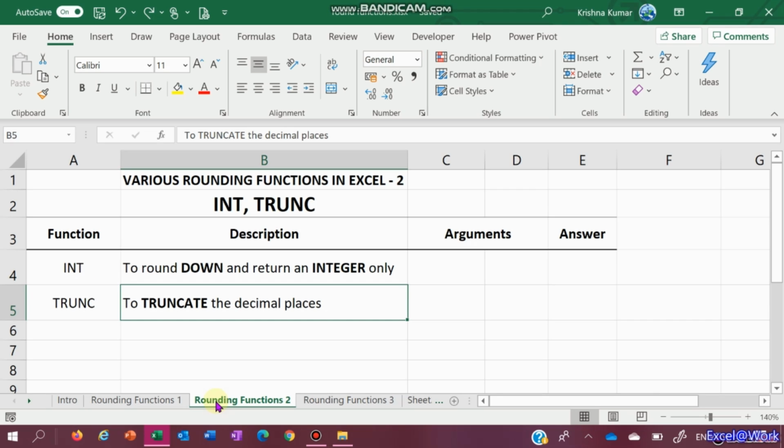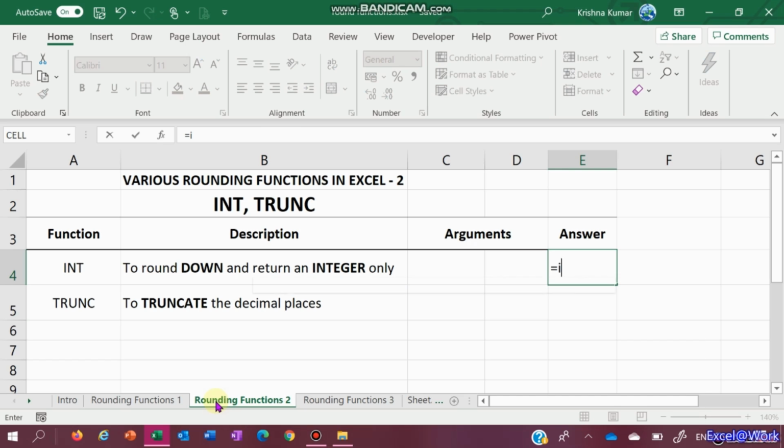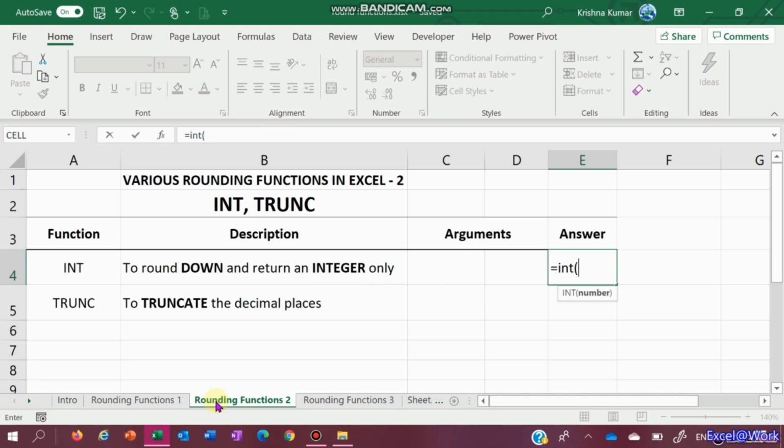On first glance, these both look similar. We'll have a look at the syntax first. The syntax is INT number. Like earlier, we will use another cell for this number.